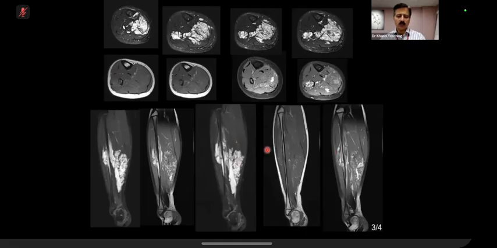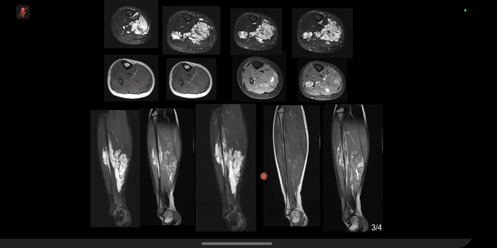Over to you. So MRI with T1 non-fat sat, STIR and the post-contrast is demonstrating high signal intensity on STIR, and then there are areas of enhancement in the soft tissue, post-contrast, surrounding the lesion in the mid-diaphysis of the fibula, which has lost its cortex.